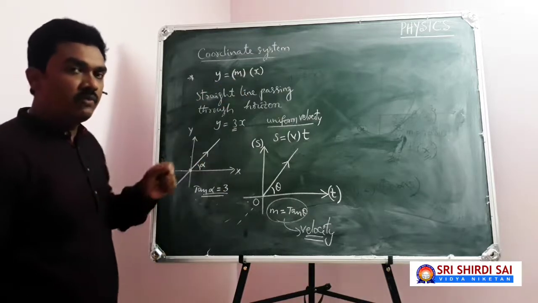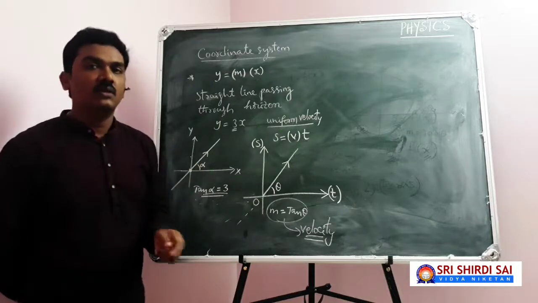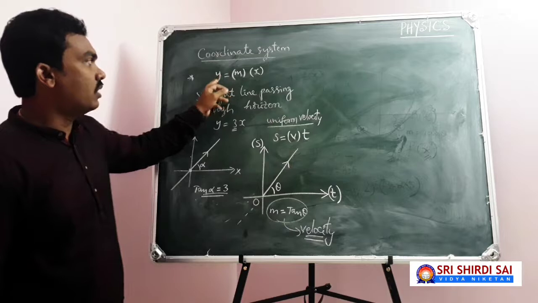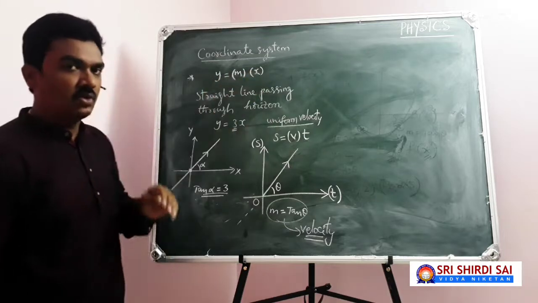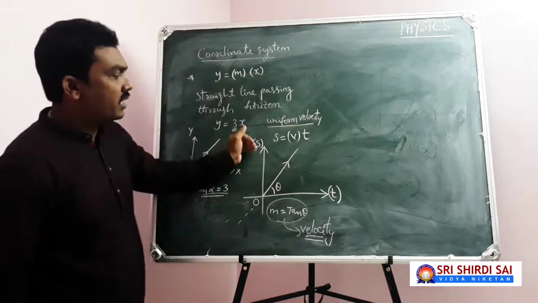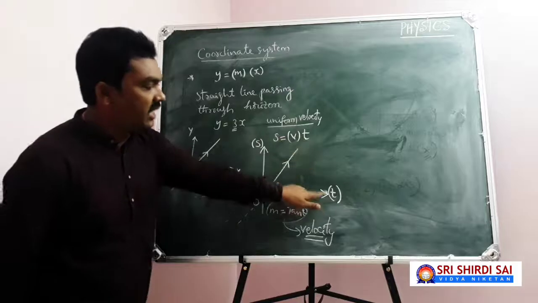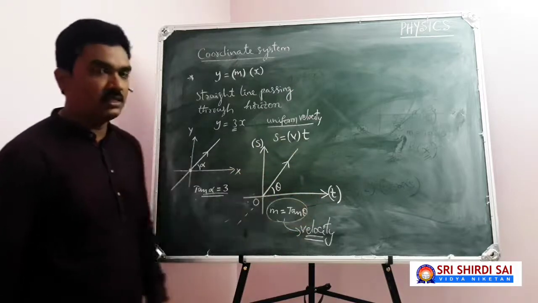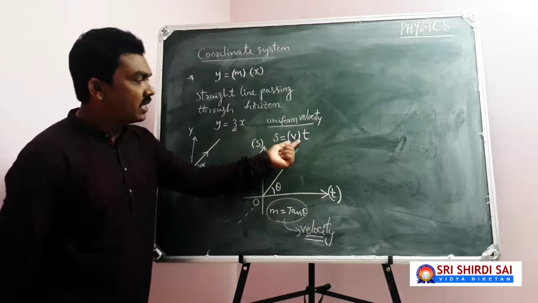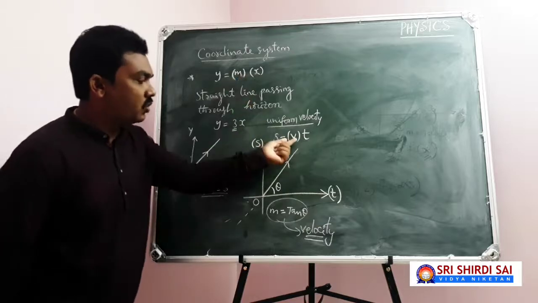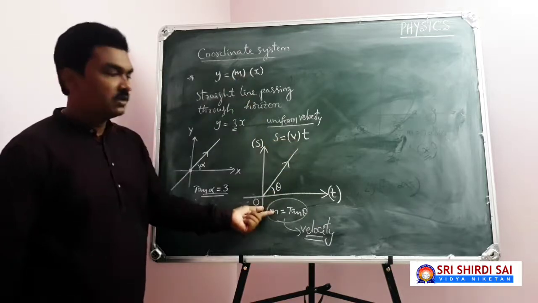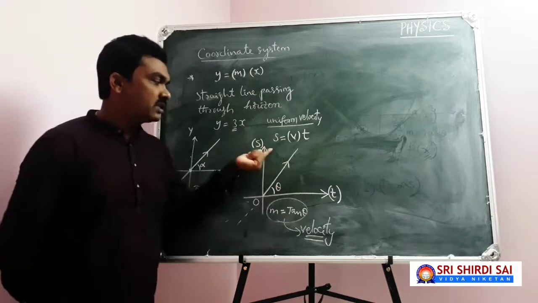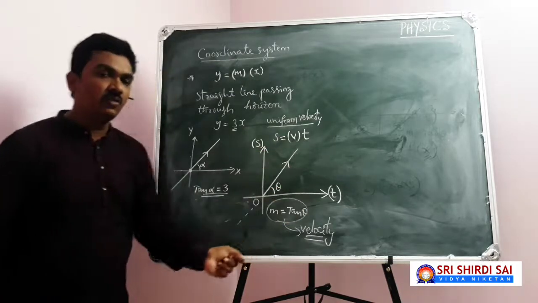When a body is moving with uniform velocity, I know that s equal to vt, resembling y equal to m into x. So that when I am analyzing displacement versus time graph, displacement on y-axis, time on x-axis, this term velocity resembles the slope of the graph. So that is the reason why slope of displacement time graph will give velocity.